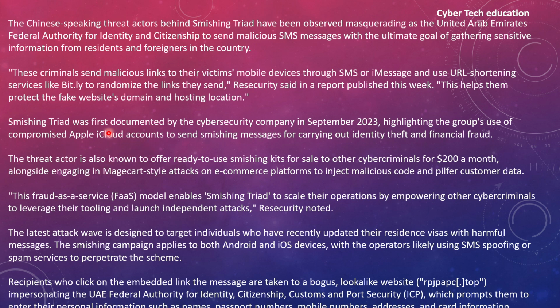The threat actor is also known to offer a ready-to-use smishing kit for sale to other cybercriminals for just 100 to 200 dollars a month, alongside engaging in Magecart-style attacks on e-commerce platforms to inject malicious code and steal customer data.